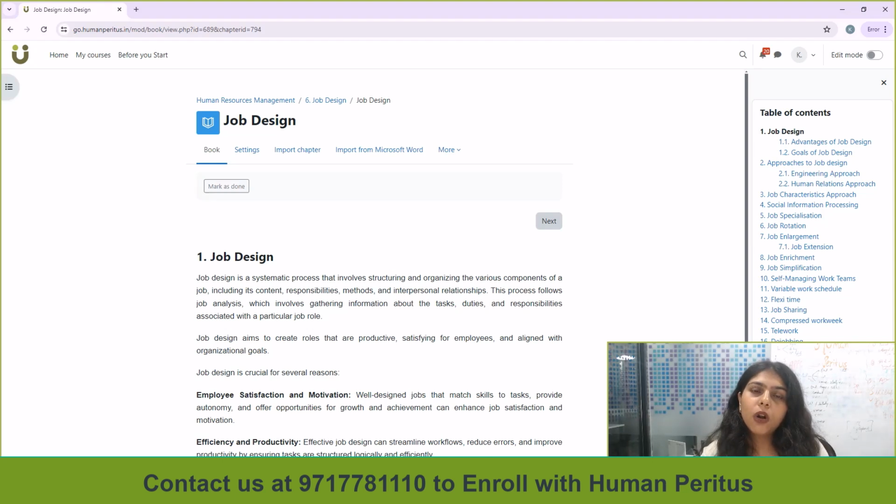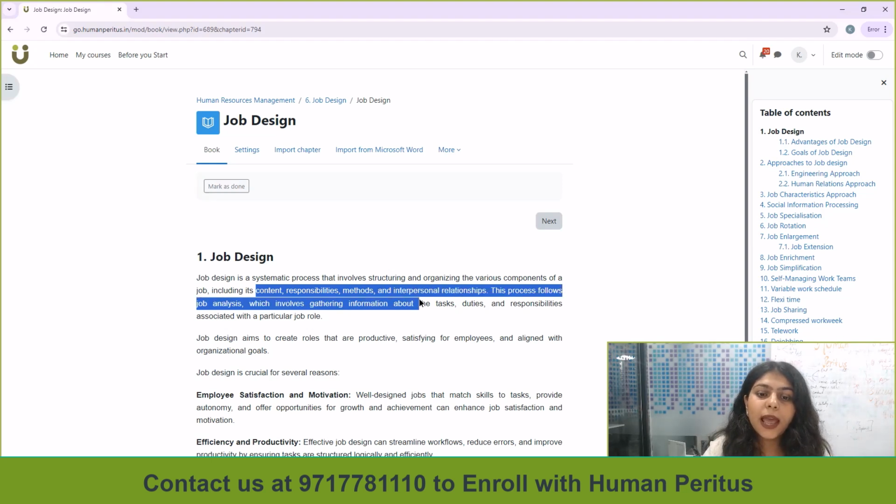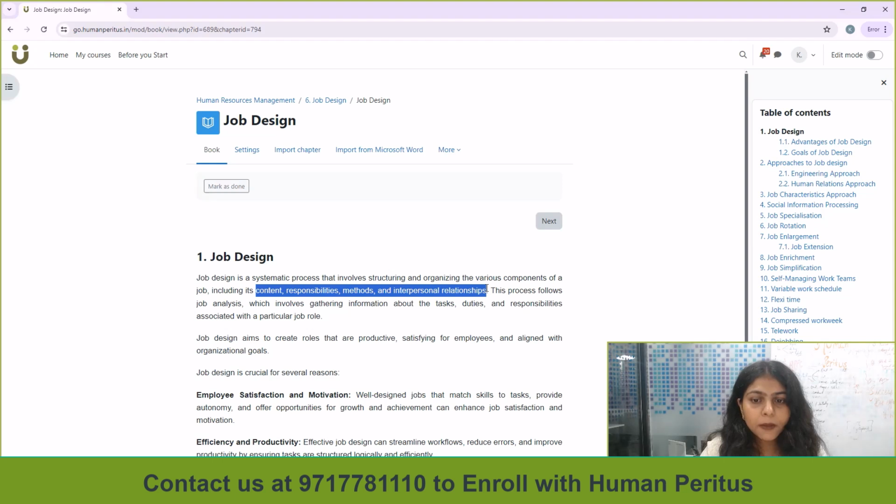So what essentially happens in this process is some components of a job, for example its content or the responsibility this job entails, or the methods with which this job can be done, and interpersonal relationships. These components are picked up, and through a systematic process these components are structured differently and organized differently.